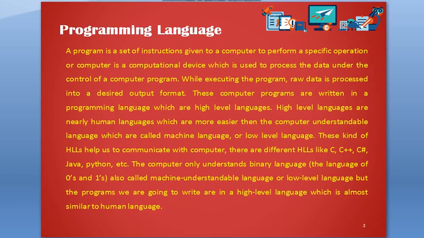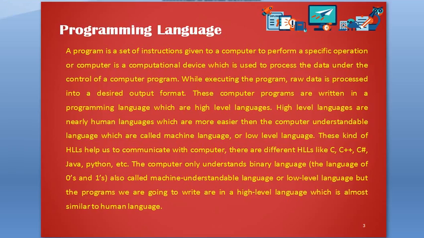Let's continue with the theory. High level languages are nearly human languages, which are easier than the computer understandable language, also known as machine language or low level language. Low level language is the computer's own language, the computer's mother tongue.